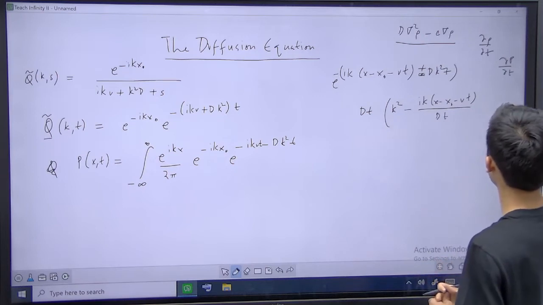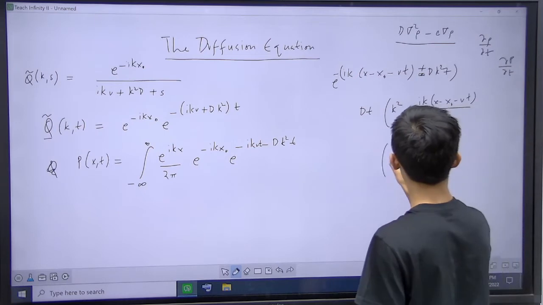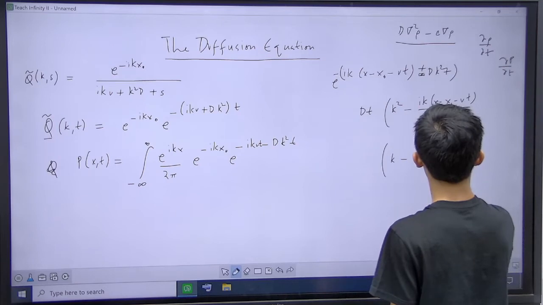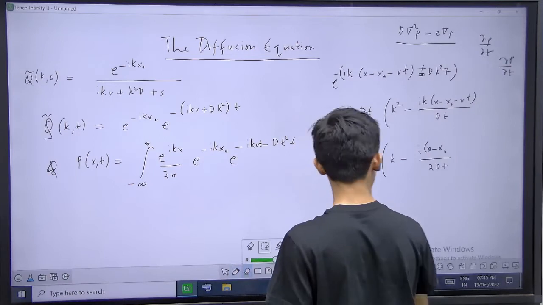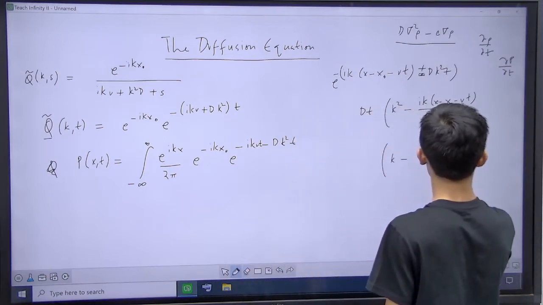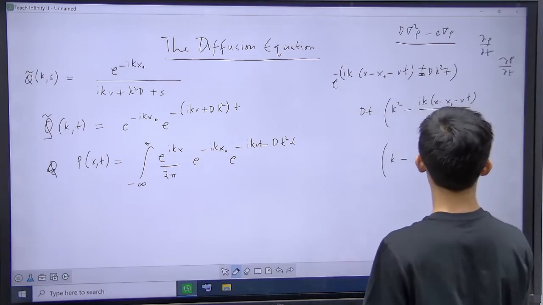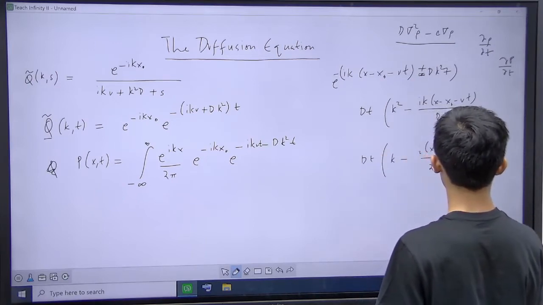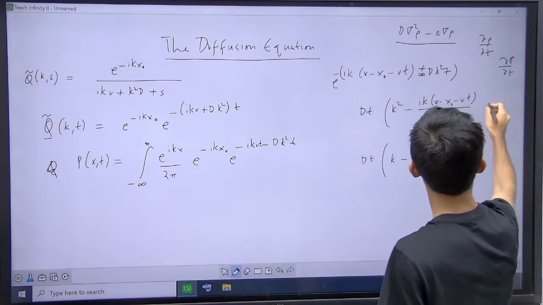And to complete the square of this, I think I will have to write this as k minus i times, and so then I have to add another factor.